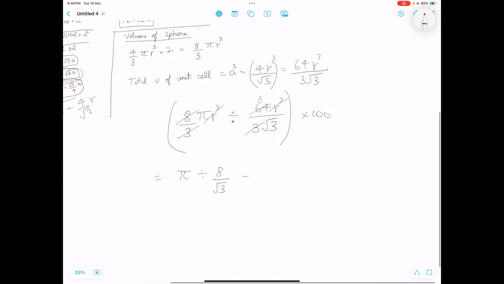So we can also write this as pi root 3 by 8 into 100.